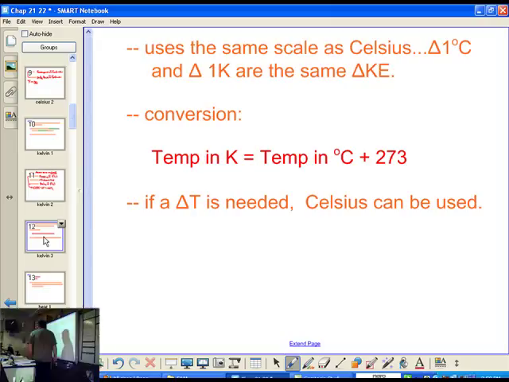Now, the reason we have a different scale is because Kelvin was looking at the work of Jacques Charles. Charles was looking at what happens to volume and temperature for gases. It's a very linear thing: as you cool or heat up a gas, it contracts and expands. But he noticed if he extended all these lines down, they all intersected at the same point.